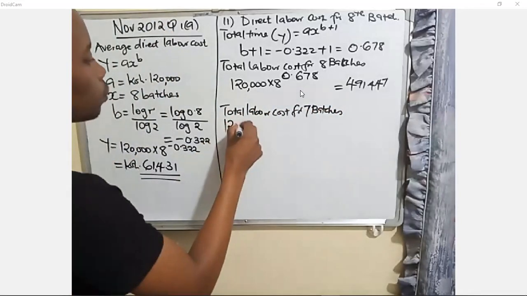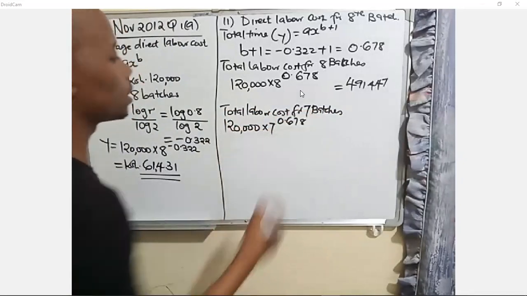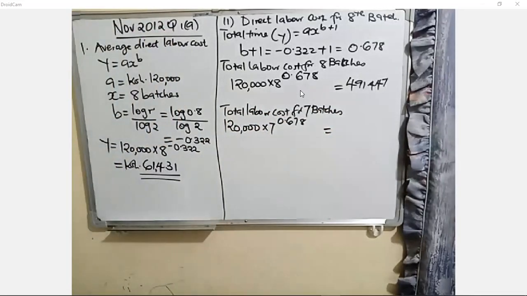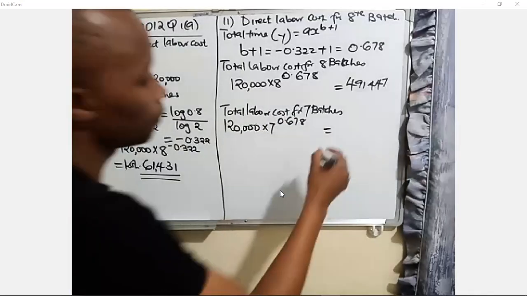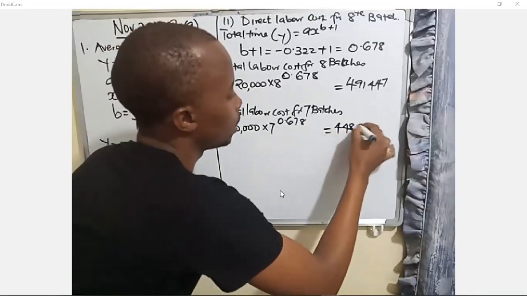I just need to take 120,000 times 7, you raise to 0.678. How much is this? 448,908.